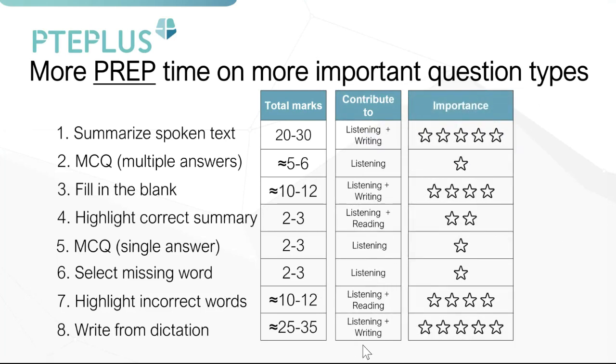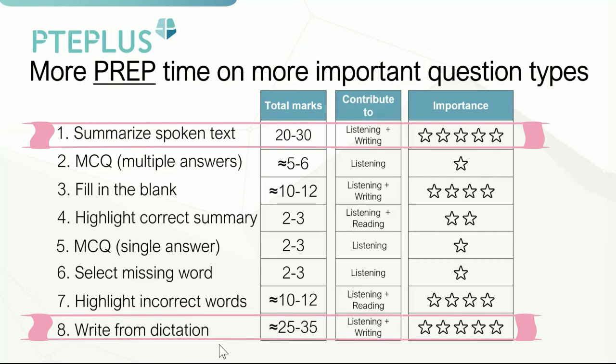And so the two most important question types are summarize spoken text and write from dictation, because they are worth the most number of marks and the biggest proportion of marks, and they also significantly contribute to your writing scores. In terms of their difficulty level, when it comes to preparation, most students find write from dictation still relatively manageable.